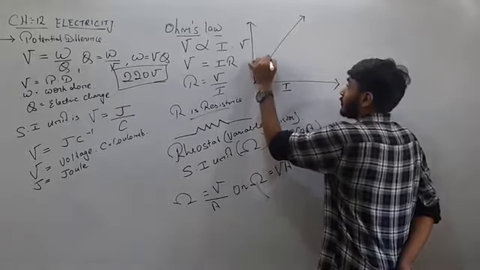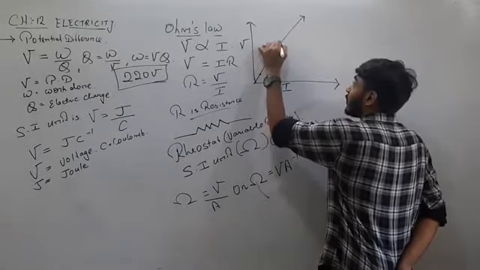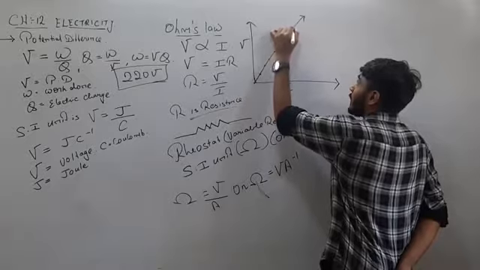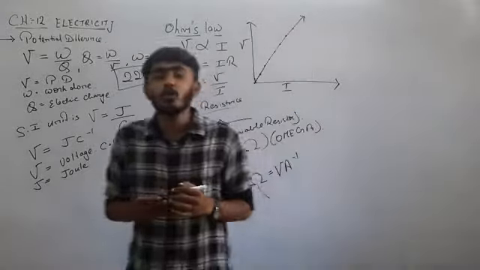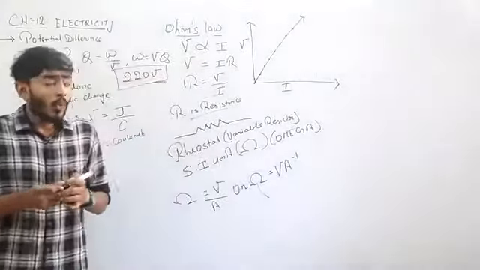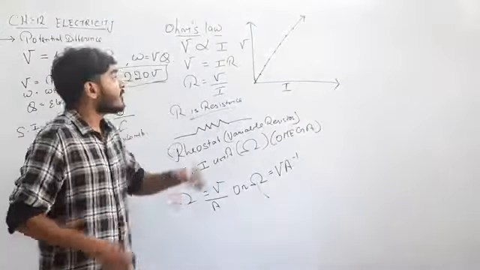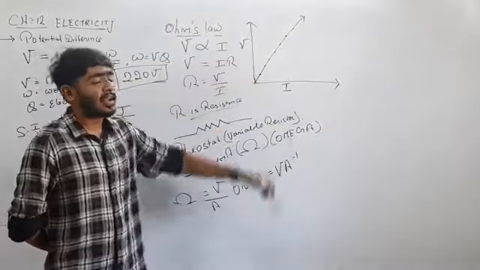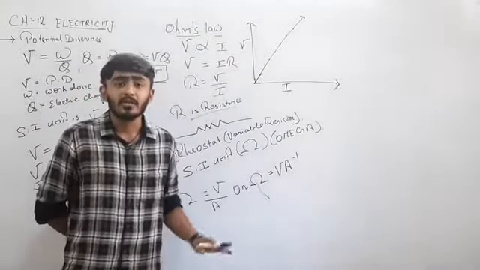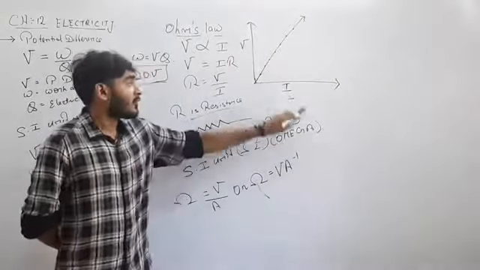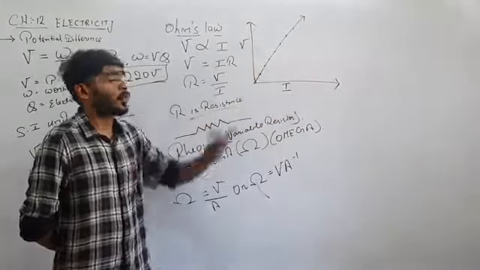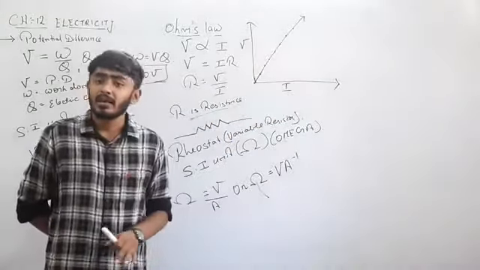So this shows that potential difference and electric current are directly proportional to each other. What is the meaning of directly proportional? If the potential difference increases, the electric current also increases. In the same way, if the electric current decreases, then the potential difference also decreases.